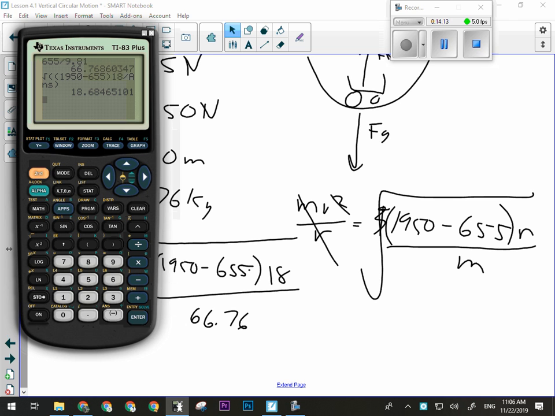So we're looking at a speed of 18.7 meters per second.